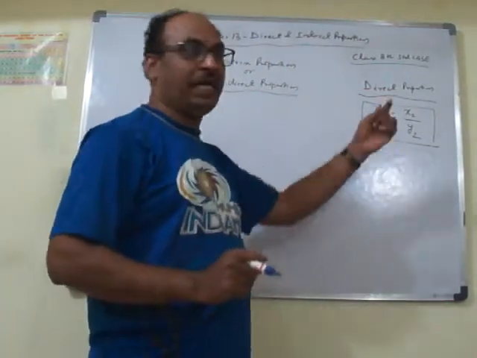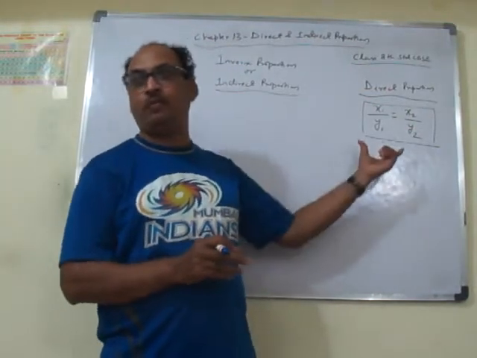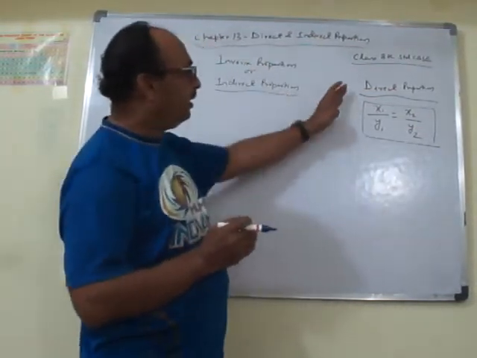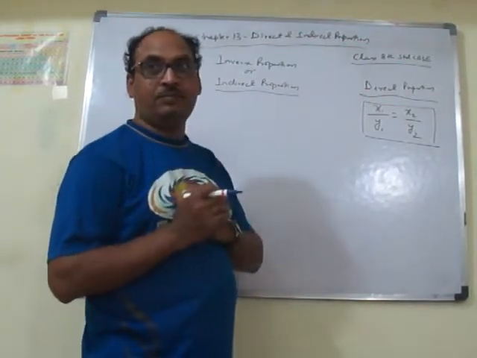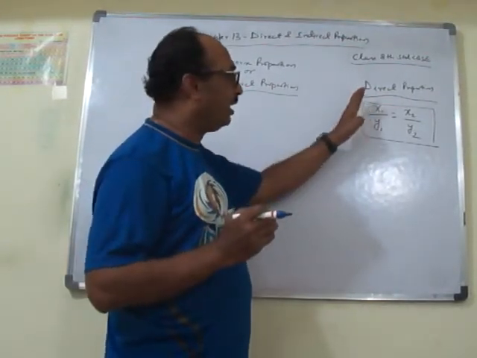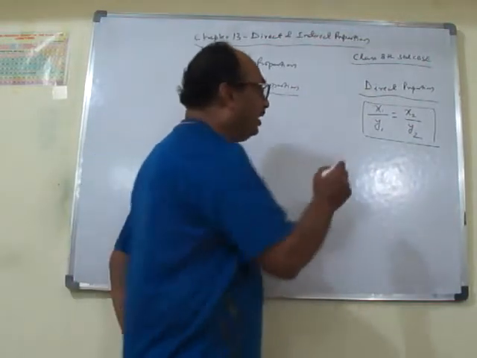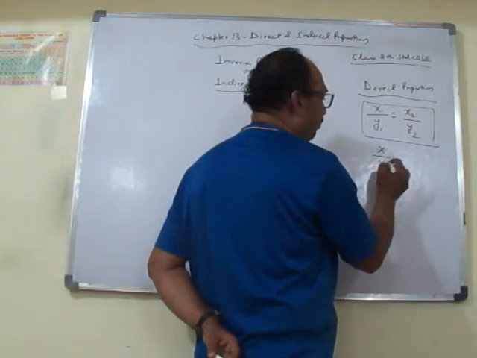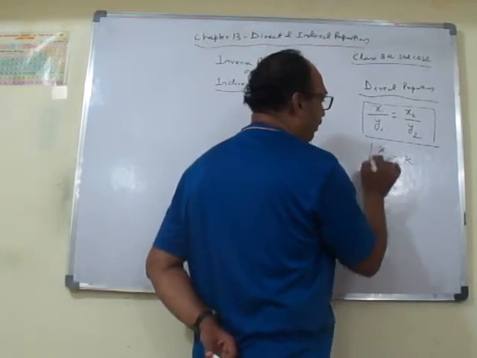Two quantities vary directly when there is a relation between them like x by y is equal to k.